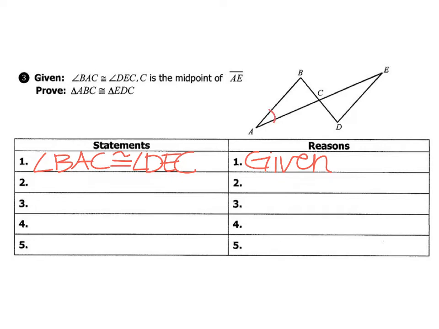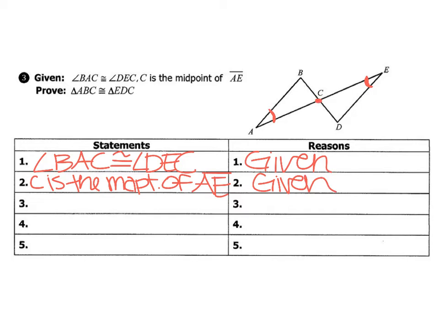So BAC is this angle, and DEC would be this angle. Those are congruent. Now we're also given that C is the midpoint, and I'm going to abbreviate because I'm going to run out of room here, of AE, and that is a given piece of information. So we know C is the midpoint of AE.